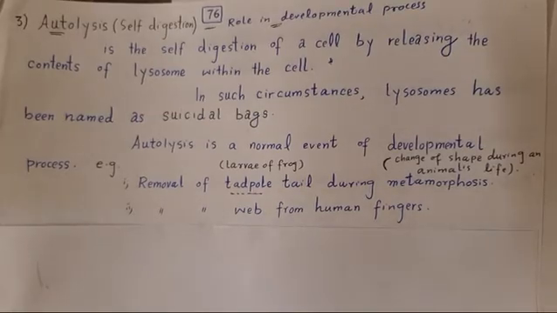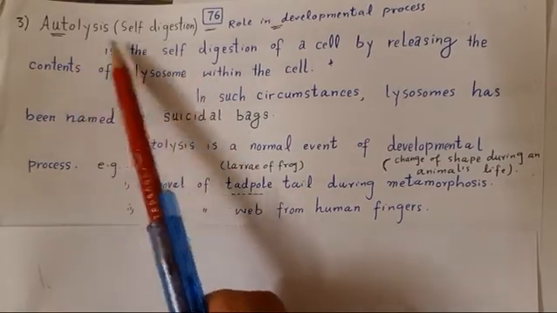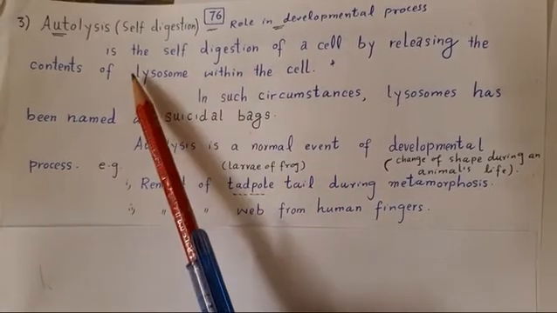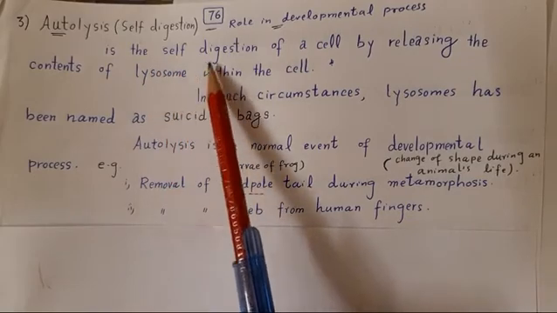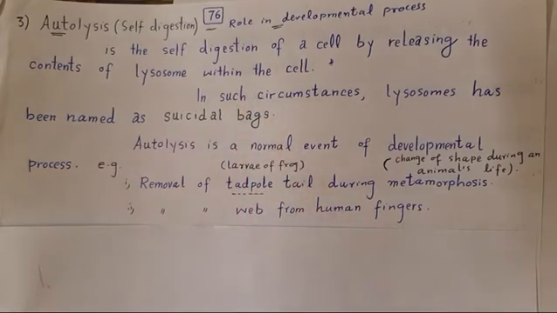Another function of lysosome is autolysis. Auto means self, lysis means digestion, self-digestion. What is autolysis? Autolysis is the self-digestion of a cell by releasing the contents of the lysosome within the cell.